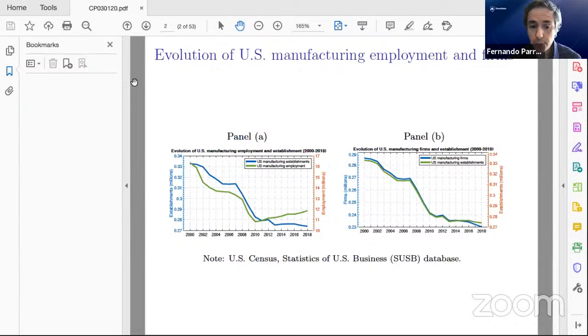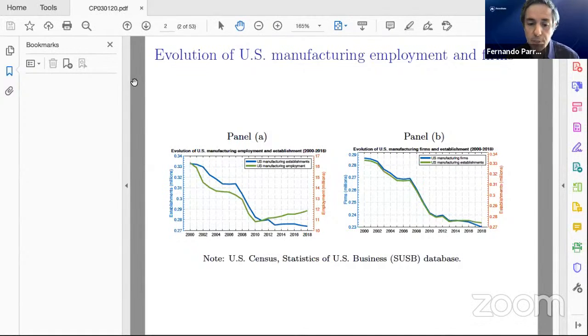And moreover, from the figure, we can see that the evolution of employment during this period does not seem to be one-to-one with the evolution of establishments. And this is pretty evident during the last 10 years, where we observe a recovery of manufacturing employment, but a continued decline of manufacturing establishments.